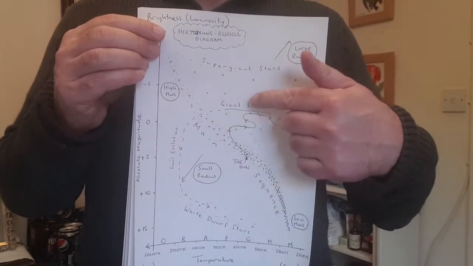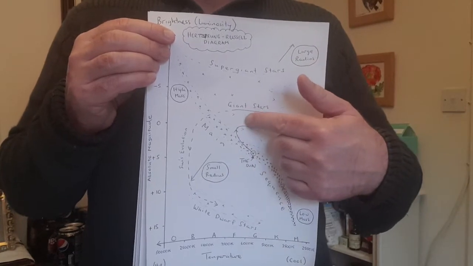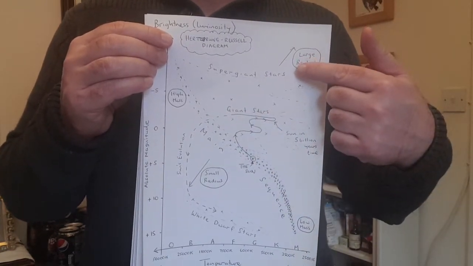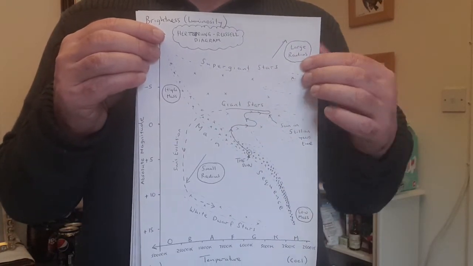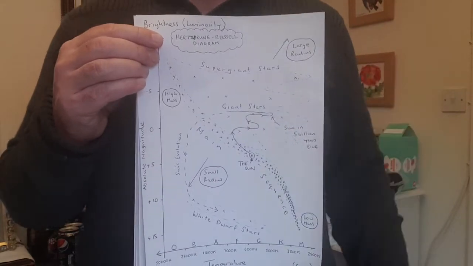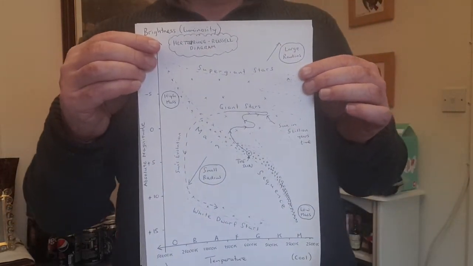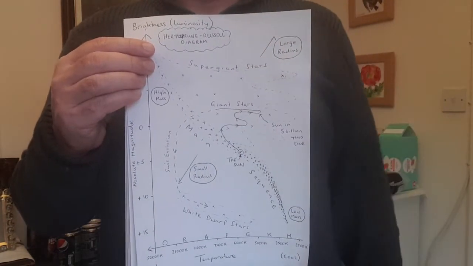If they're to the top right of the main sequence, these are stars that are much cooler, but much more luminous than main sequence stars. Okay, above the main sequence means more luminous, and to the right of the main sequence means cooler. So anything that's in that part of the diagram is cooler but more luminous.